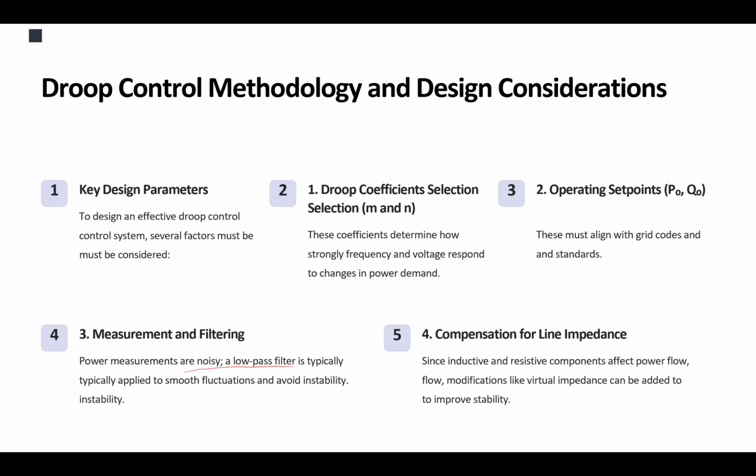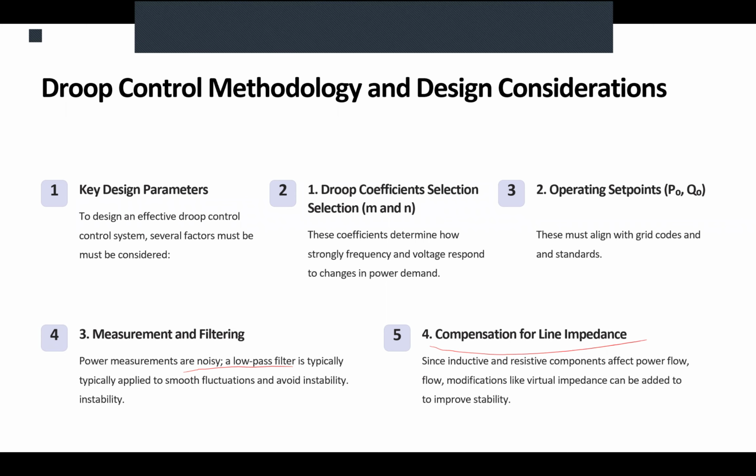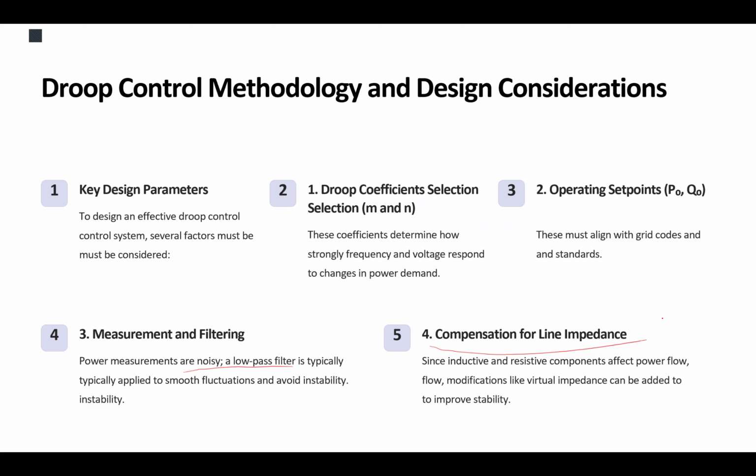Now, this is not all that happens. You want to measure the grid situation and address that. But when you want to inject reactive power or active power, it's not that the grid is someone here and you hand the active power or reactive power to them.